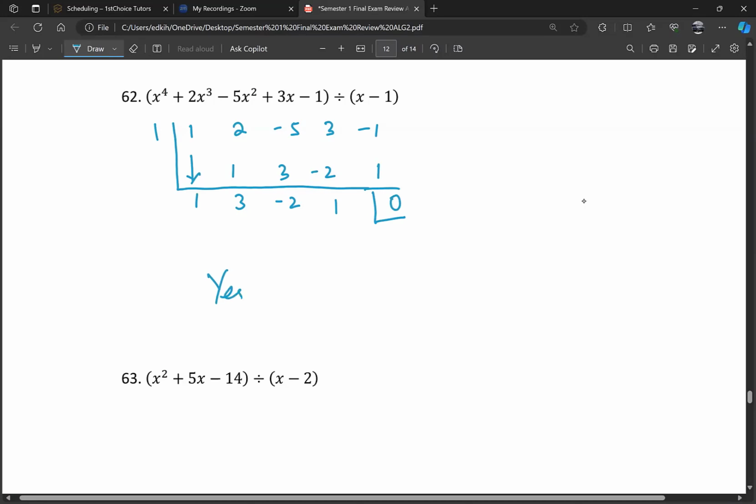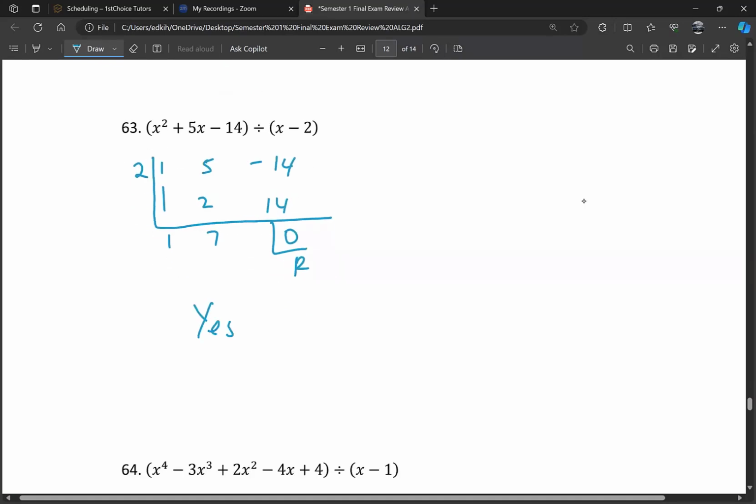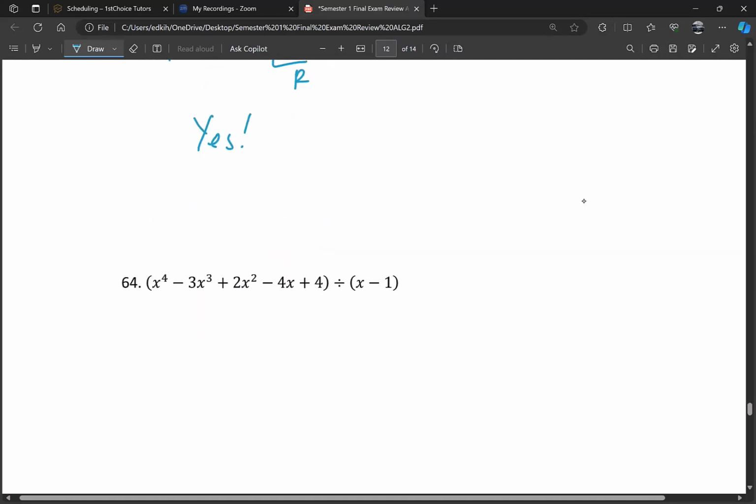So the answer to this would be yes, because we got a remainder of 0. Here, repeat the same process. Synthetic division. 2 goes here. 1, 5, -14. Drop down to 1. Add. 0. Oh, I guess we got a remainder of 0. So you would say yes, x minus 2 is a factor.